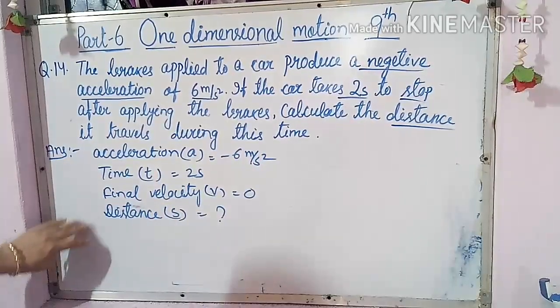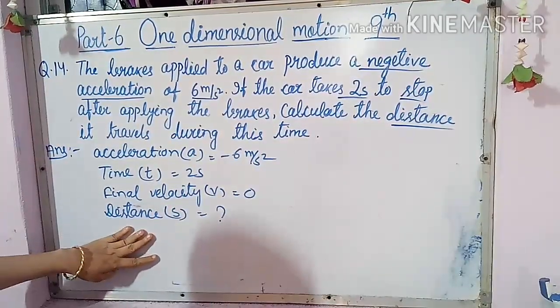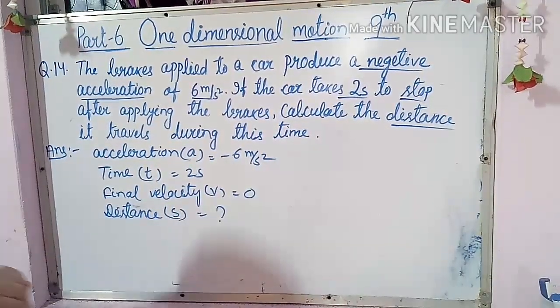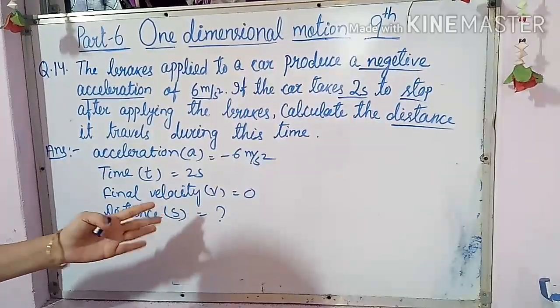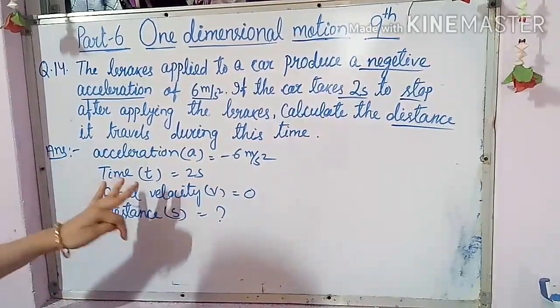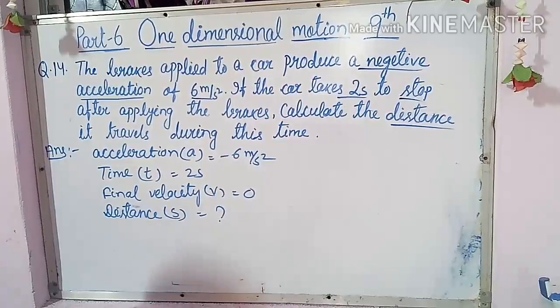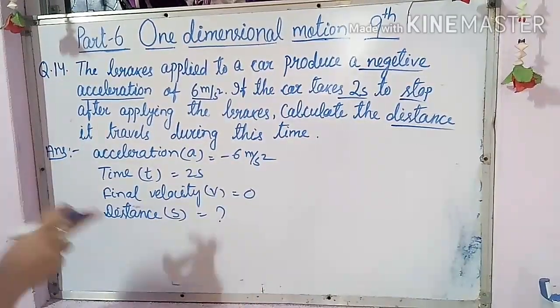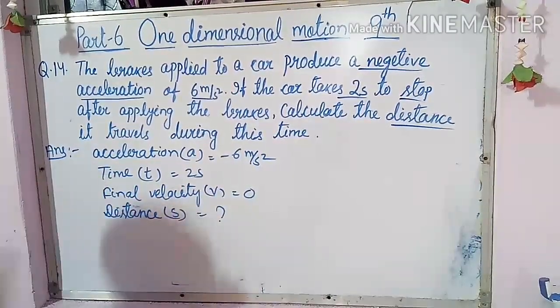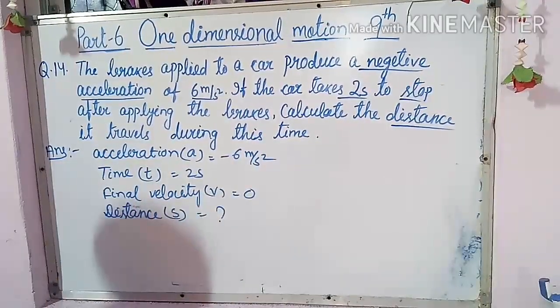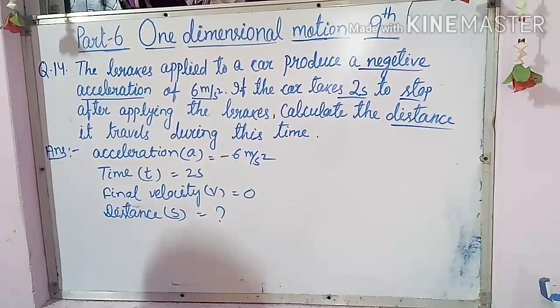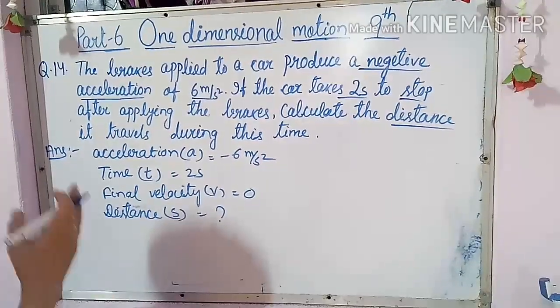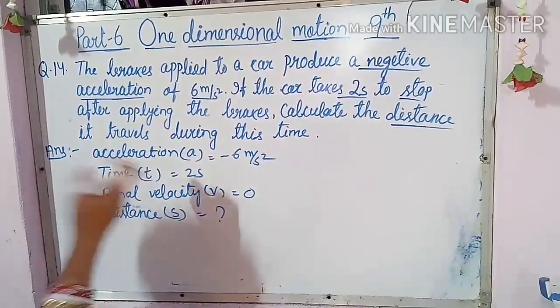Now see children, as distance is asked, as you know two equations were there: V square minus U square equal to 2AS, or S equal to UT plus half AT square. But in both cases you have to find out U, because U has not been given here. U is very necessary to calculate. So to find out U, you go to the data.